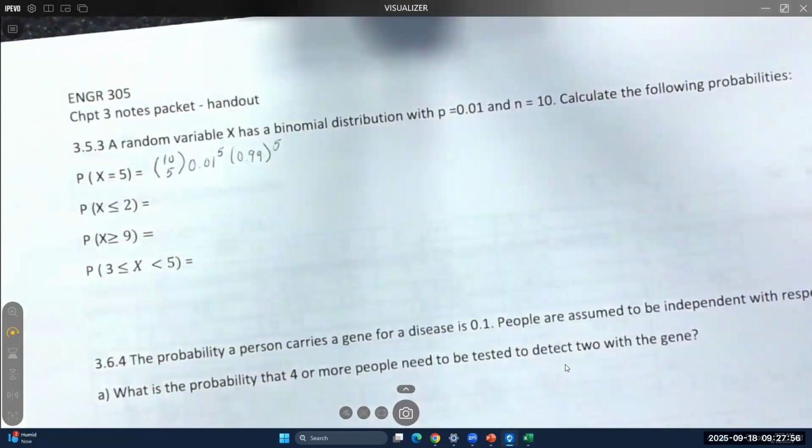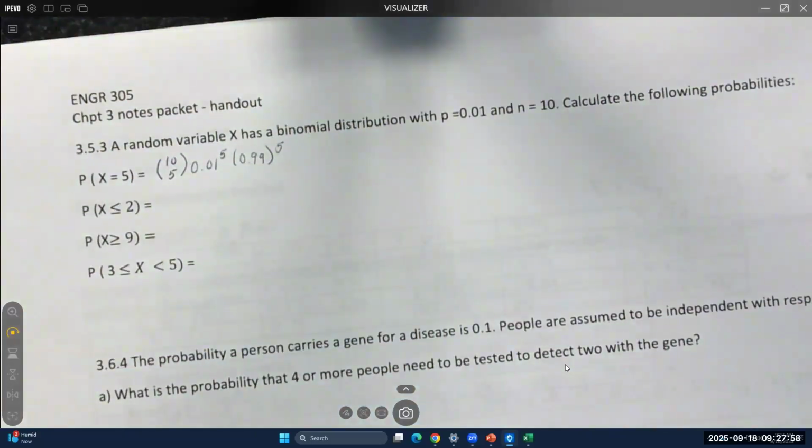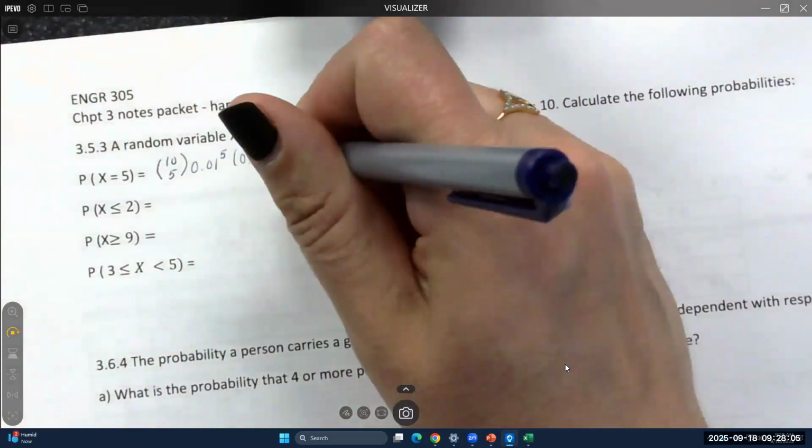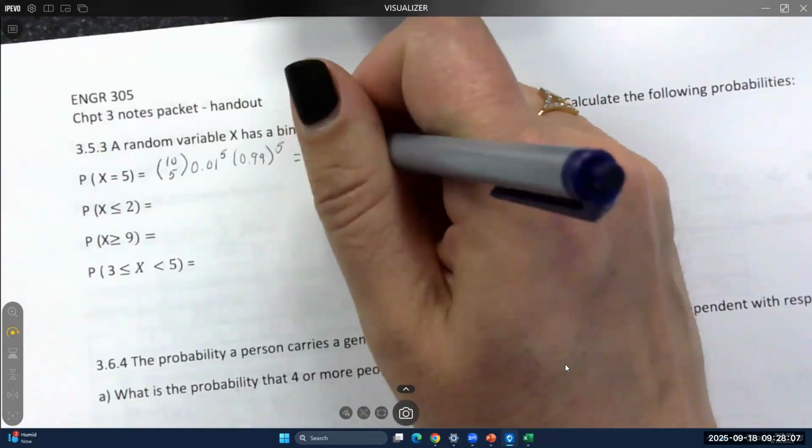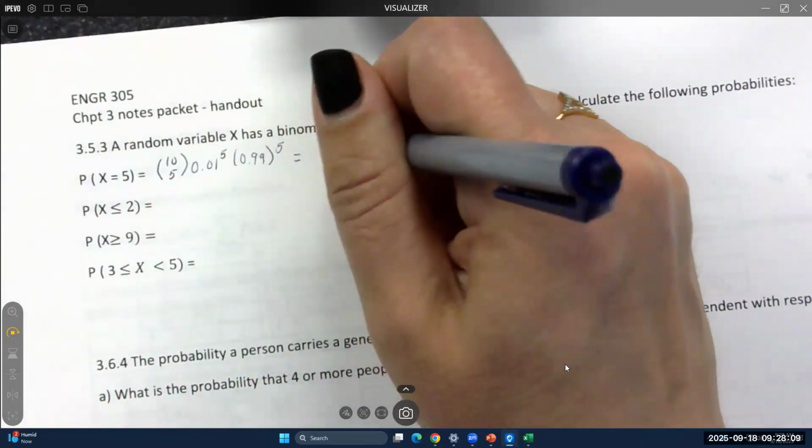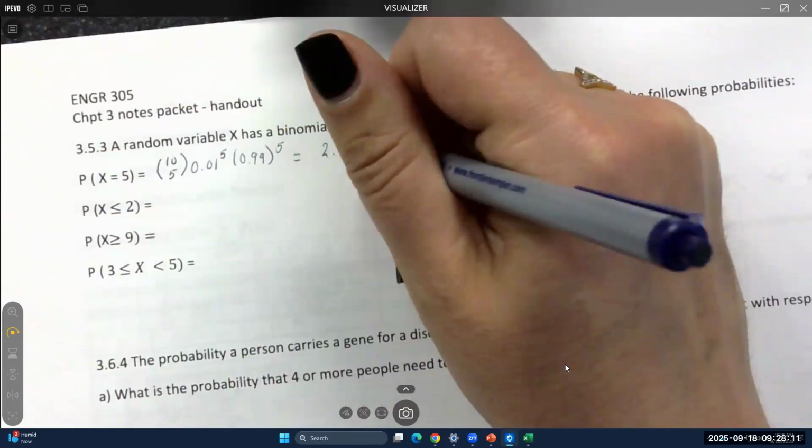So that's also 5. And so if I put this in Excel or my calculator, I'm going to come out with 2.4 times 10 to the negative 8.